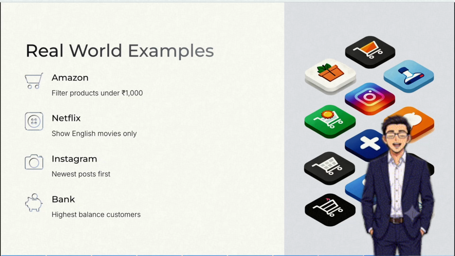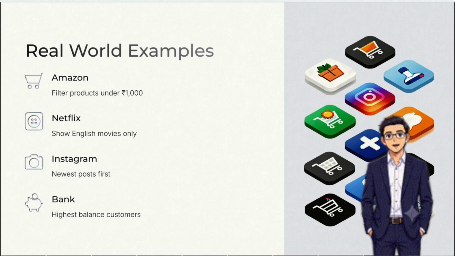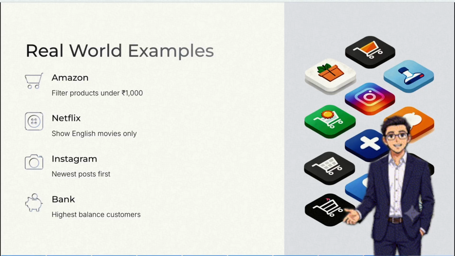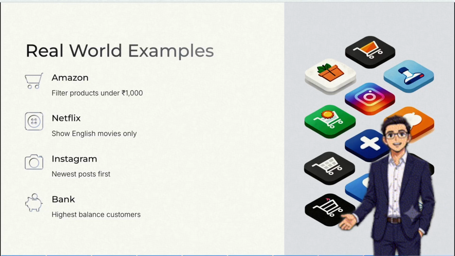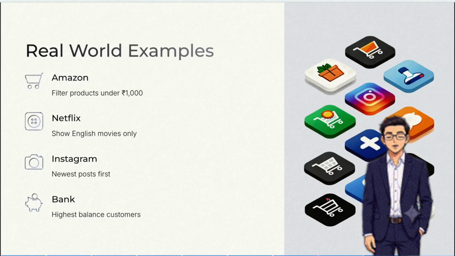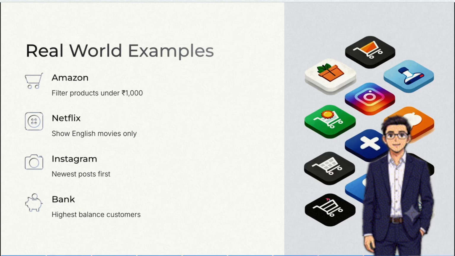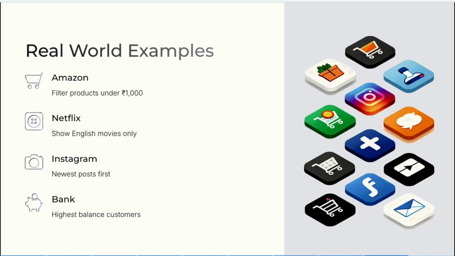In Instagram, you want the new posts first, so the filter is added by ORDER BY. With the help of ORDER BY, you are going to see the new posts first. In the bank, you set ORDER BY salary and see the data of the customer who has the highest account balance.